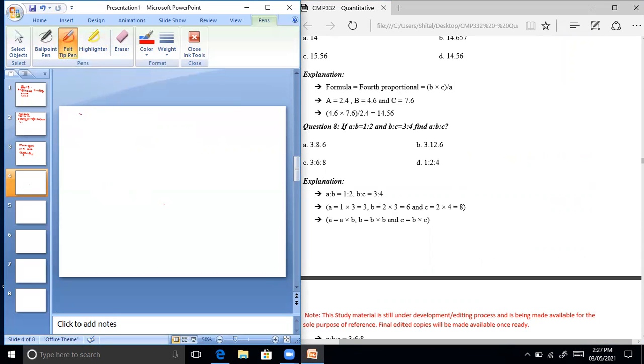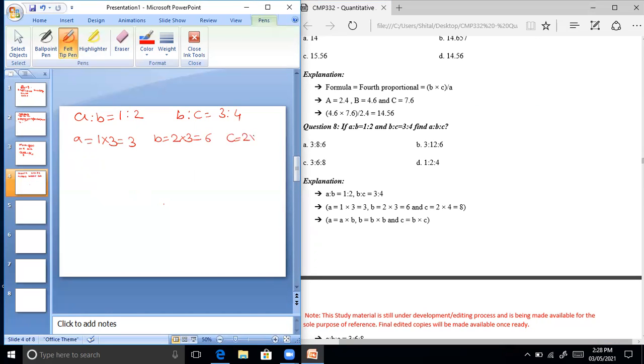If A:B equals 1:2 and B:C equals 3:4, then A by B is 1/2 and B by C is 3/4. So what will we do? A equals 1 into 3, equals 3. This is the value of A. Then B equals 2 into 3, equals 6.